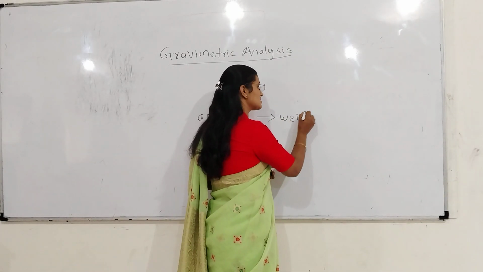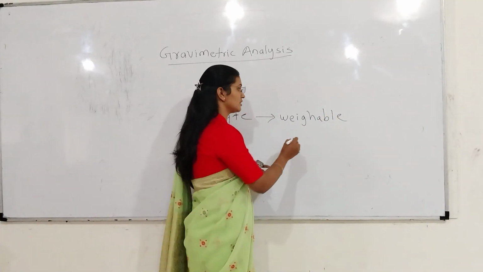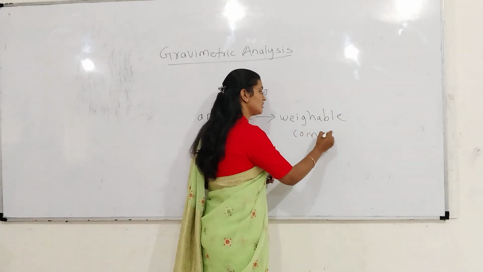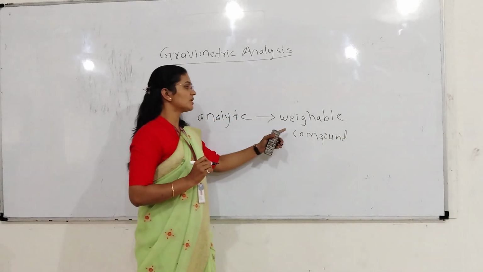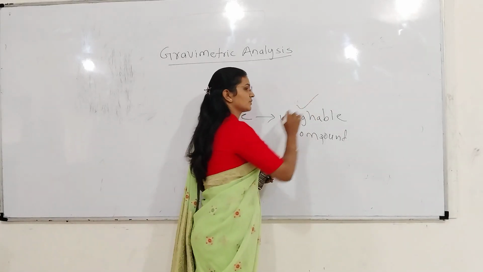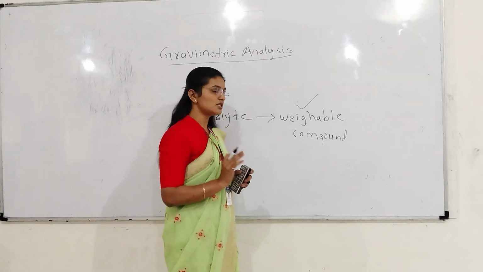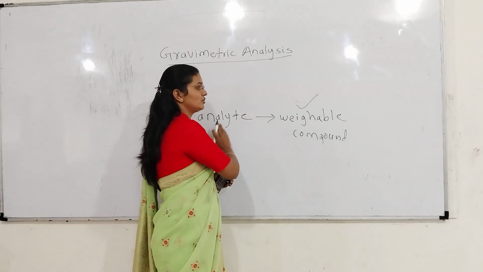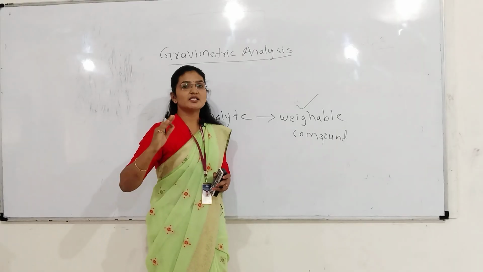Weighable compound means a solid, pure, stable solid compound. Simply, gravimetric analysis involves conversion of this analyte to a weighable compound in order to measure its mass.